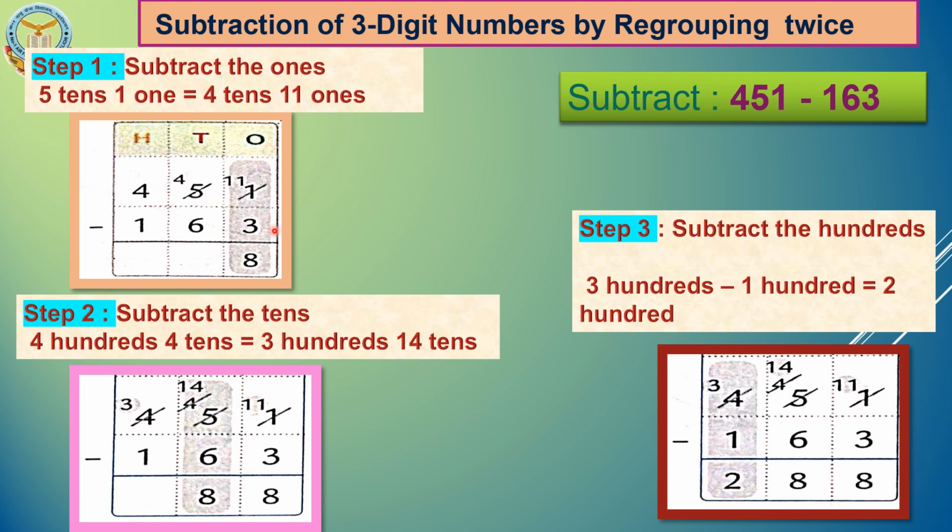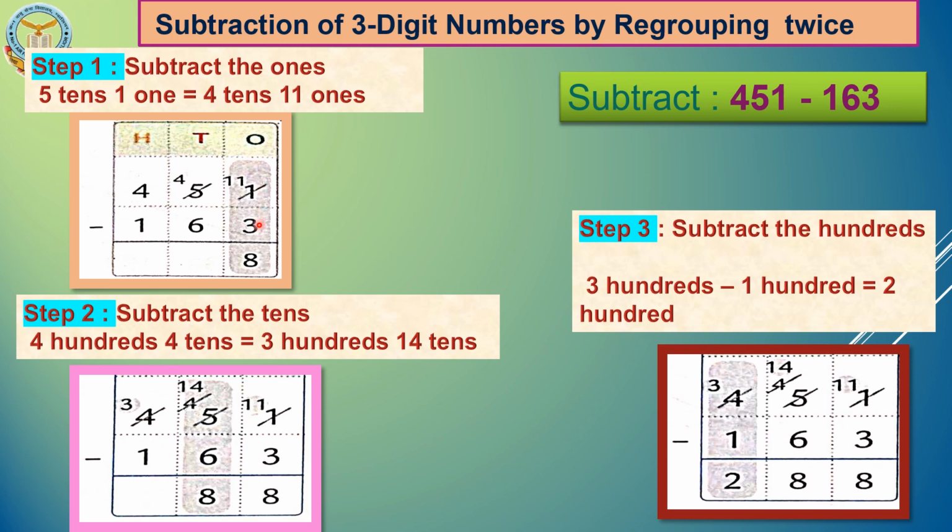In ones place, we see that 3 ones is greater than 1 one. So we cannot subtract 3 from 1. What do we have to do? We have to regroup tens and ones. Means we have to borrow 1 ten from the 5 tens. 5 tens will become 4 tens and 1 one will become 11 ones.